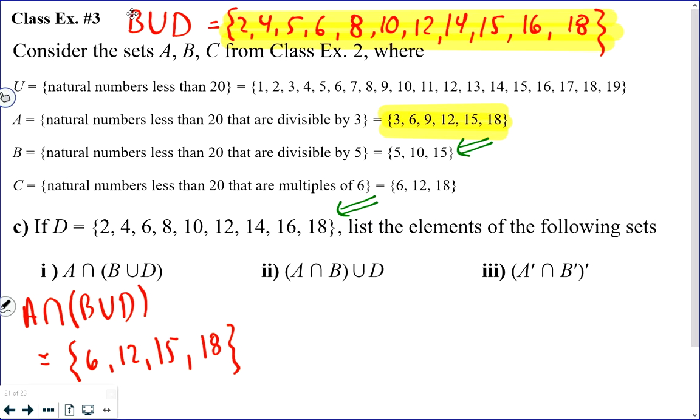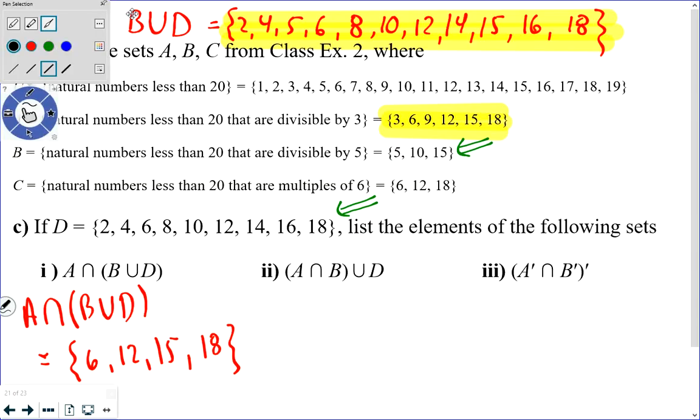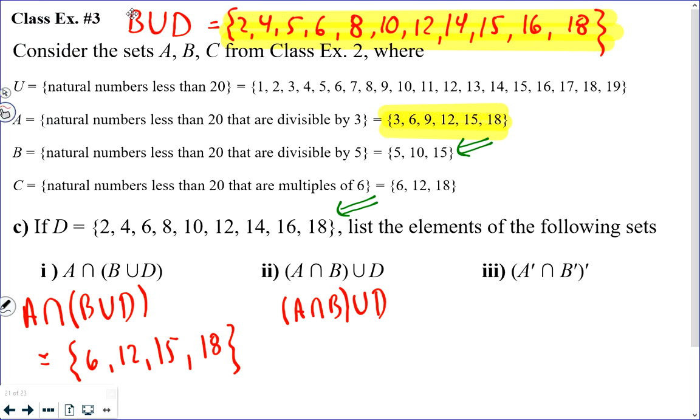What about the union of A and B with D? So the union of A and B with D. Well, that means it's going to be anything in D and anything that's in A and B. So I am going to, up here, just off on the side, figure out what the intersection of A and B is.